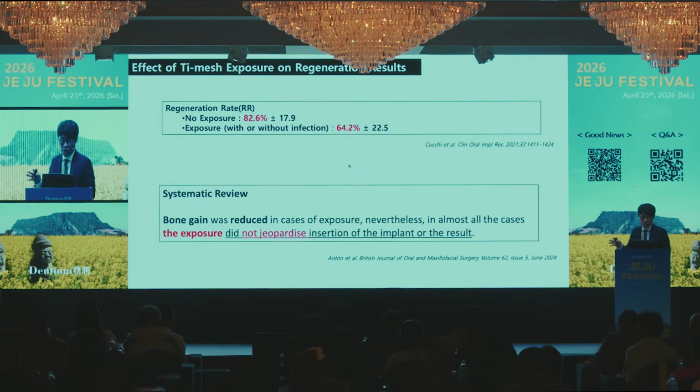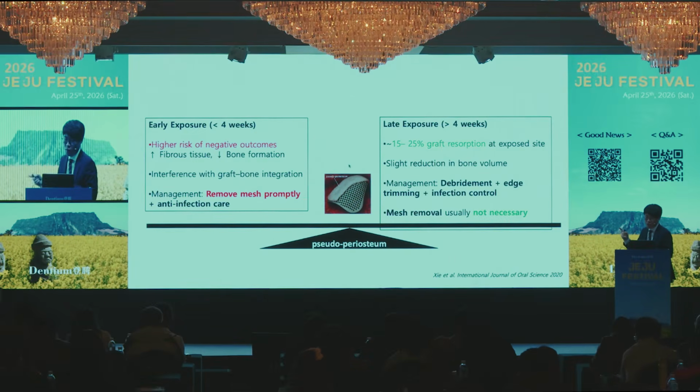In terms of bone formation, if non-exposed cases achieve around 80%, then exposed cases may show something like 60%. There is some reduction, but it's not a dramatic loss, which means even if exposure occurs, clinically acceptable outcomes are still achievable. But one thing we have to remember is the timing of exposure.